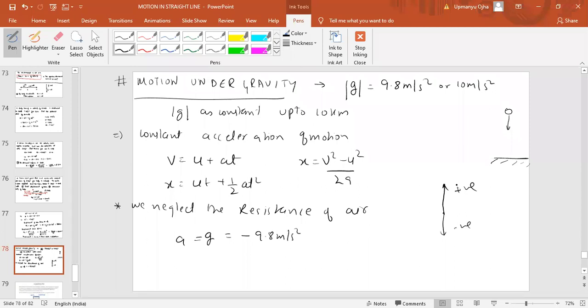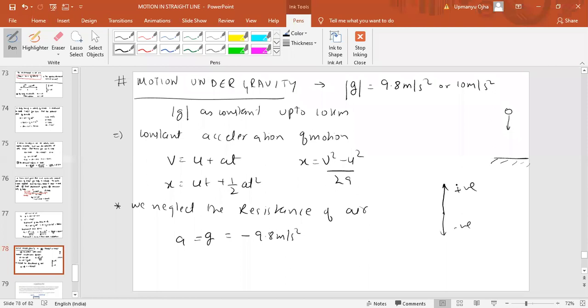Whatever the condition, even if you throw the ball upward, downward, or the ball bounces back from the floor, anywhere we will use g as minus 9.8 meter per second square only.